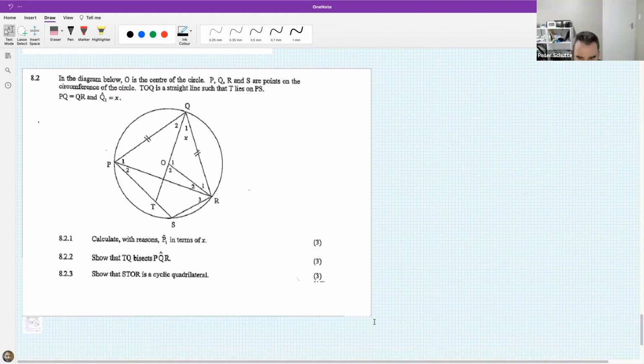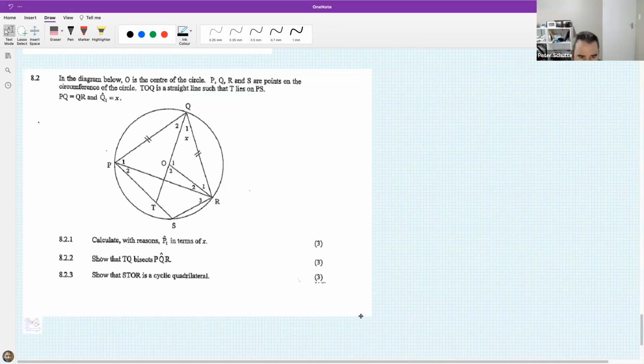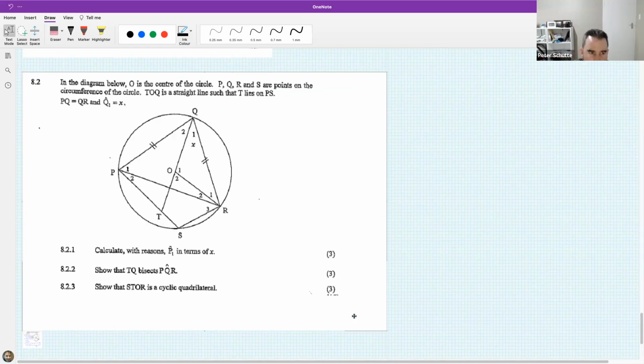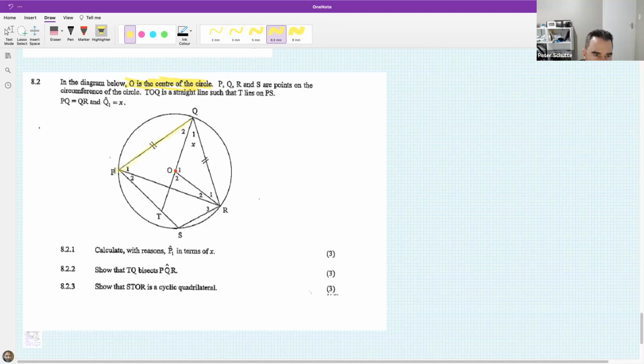Okay, so here is your question. And the first thing to start with is O is the center of the circle. So O is the center of the circle. Maybe give it a nice big dot. These are points on the circumference. So you can see you have a cyclic quad. TOQ is a straight line. And PQ equals QR. Now, they tell us that this is the same as this.